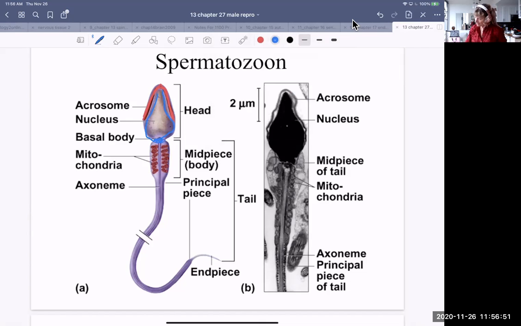So the microtubules of the flagellum are attached to the basal body. And the end piece is very small. The spermatozoon. So the basal body is there to begin the movement of the flagellum.